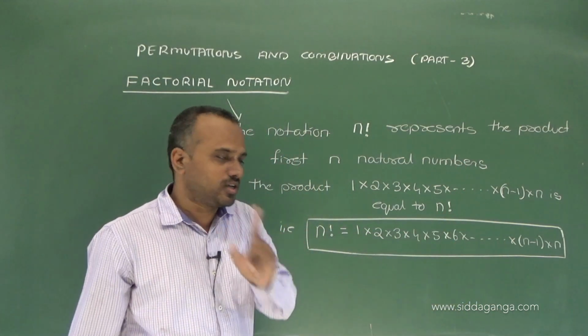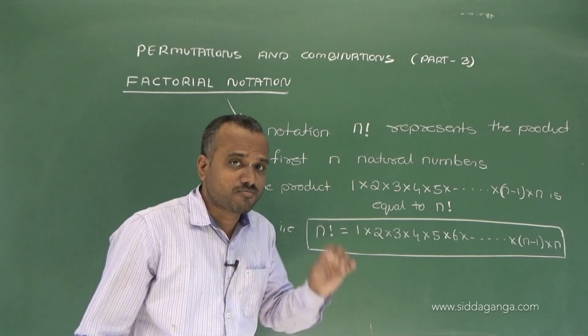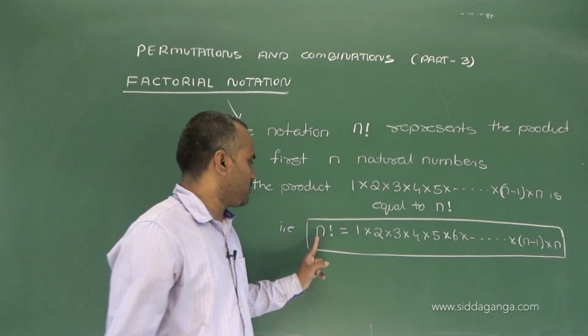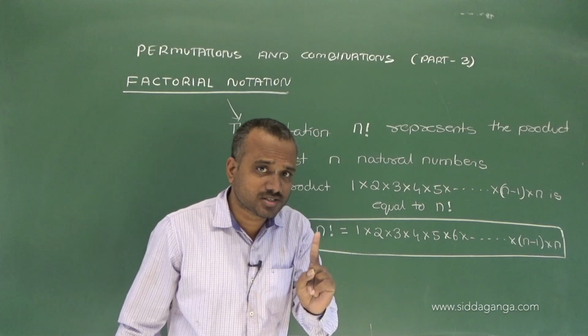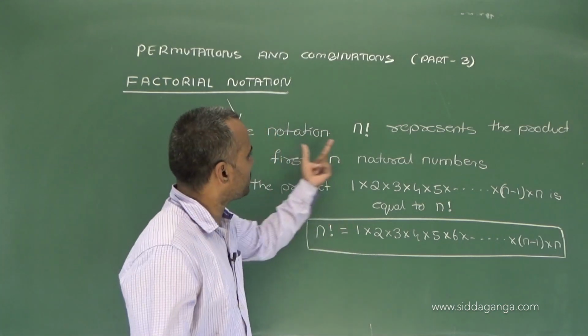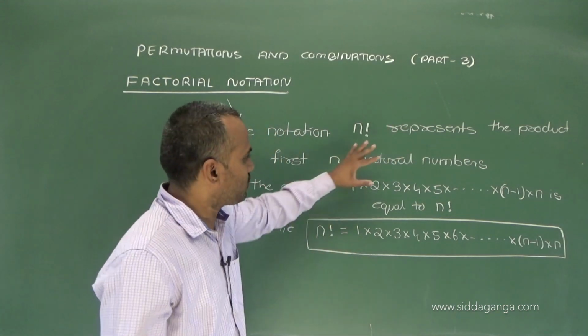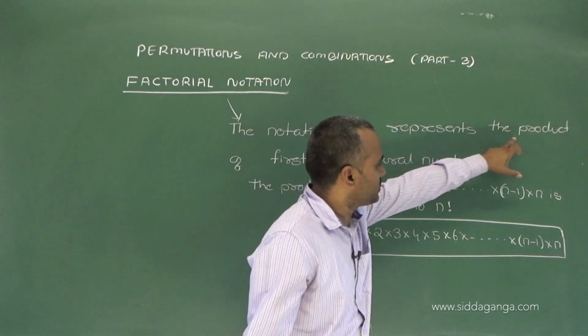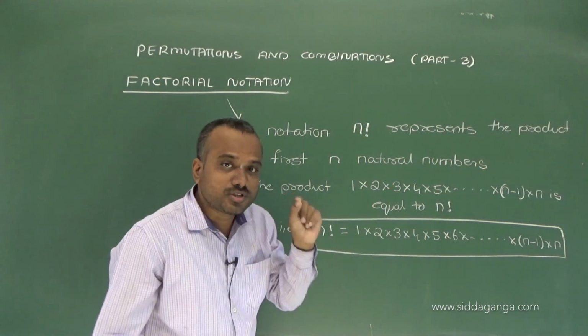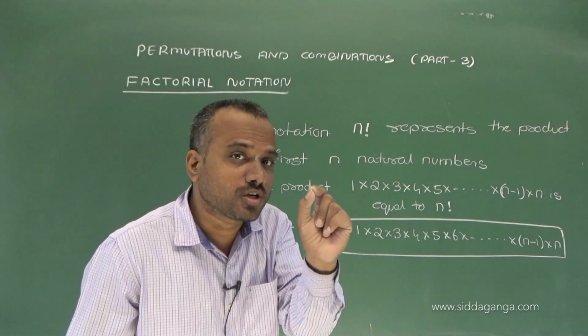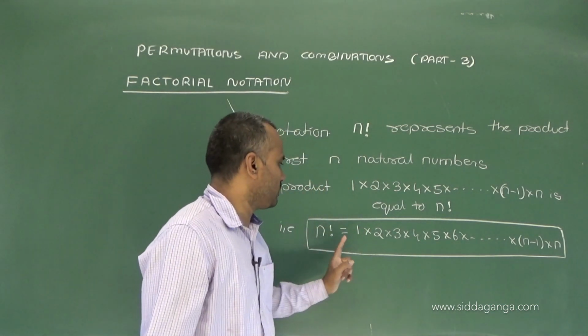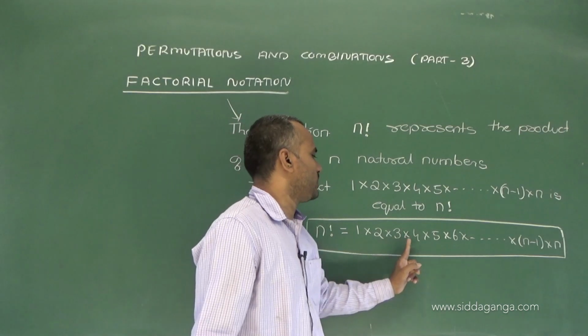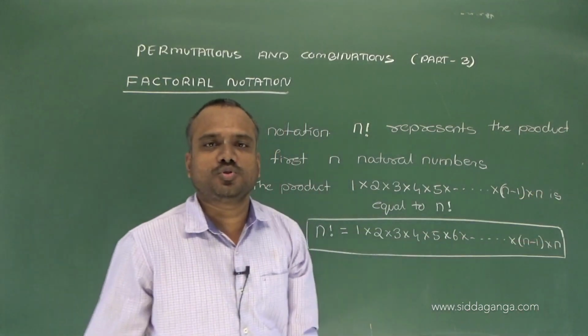N factorial, we read this as n factorial. I write a very simple definition. According to my definition, the notation n factorial represents the product of the first n natural numbers. N factorial means 1 into 2 into 3, 4, 5, 6, so on up to what?